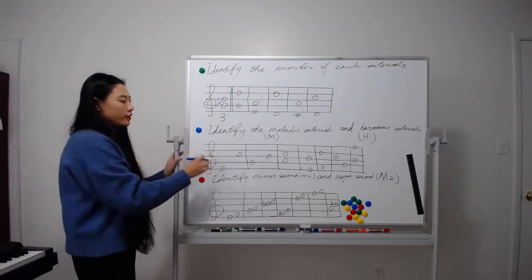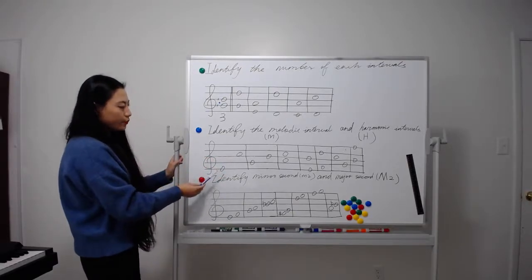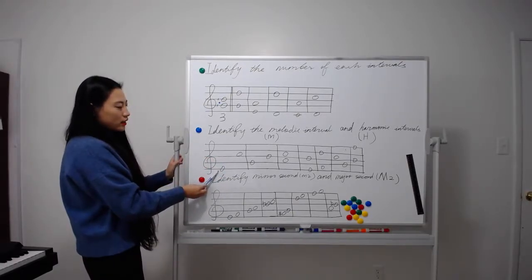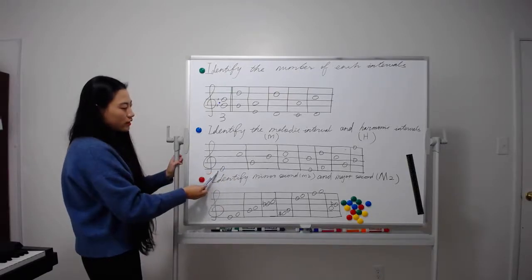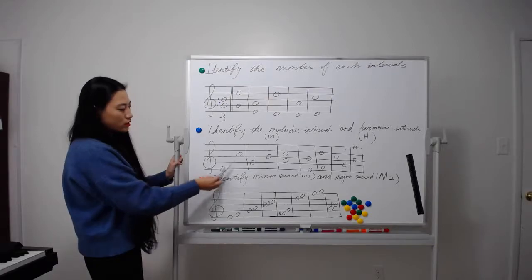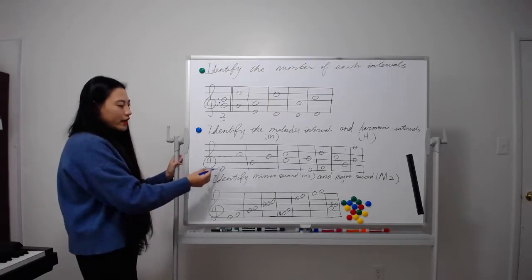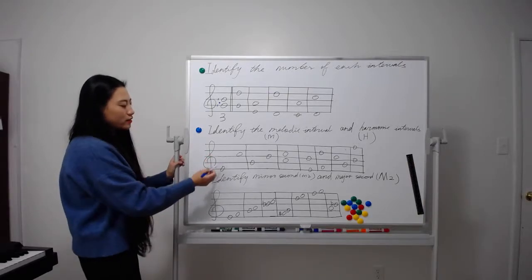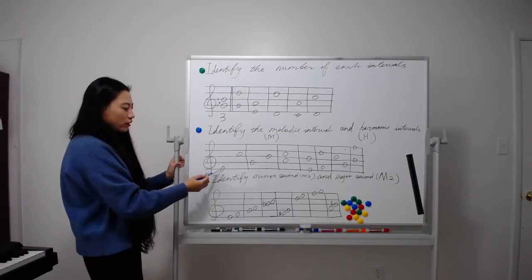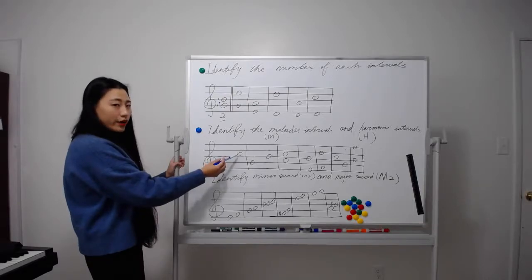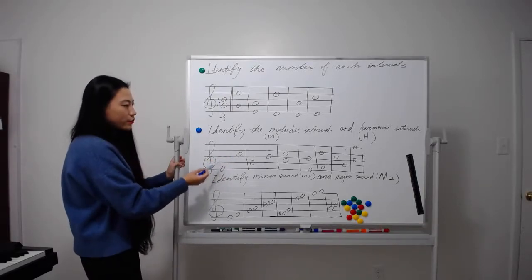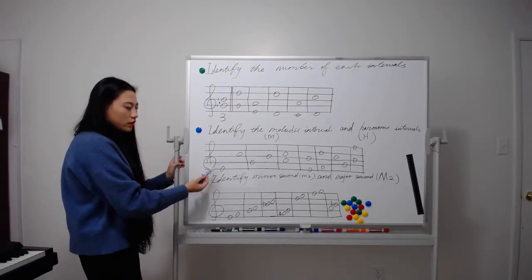So let's take a look at the first one. See, this is successively sounding tones. It has a specific sequence, the lower note to the upper note. So this is the melodic interval.